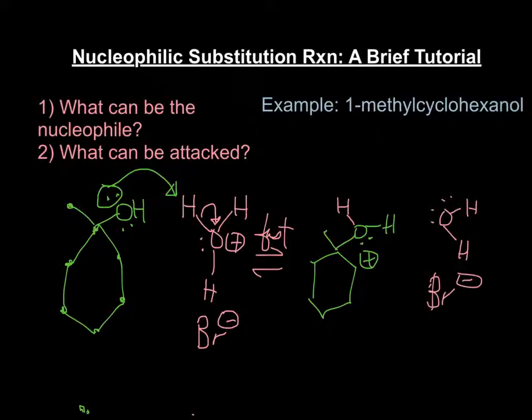Okay, so what happens here is this oxygen will leave and take both of its electrons with it. So it's going to form the carbocation. This is the slow step, or the rate limiting step of the reaction.